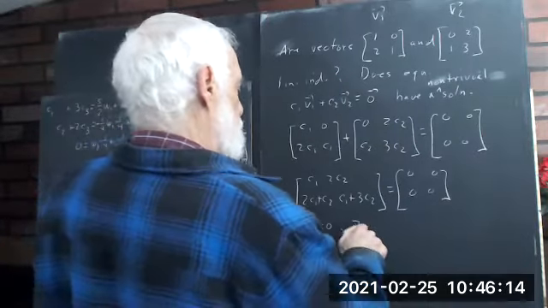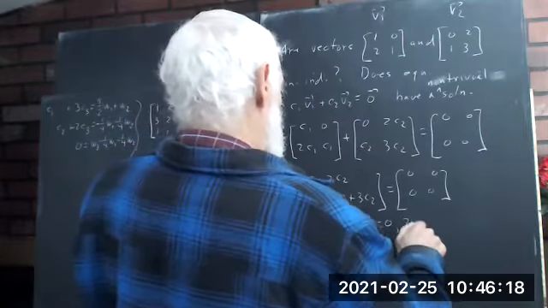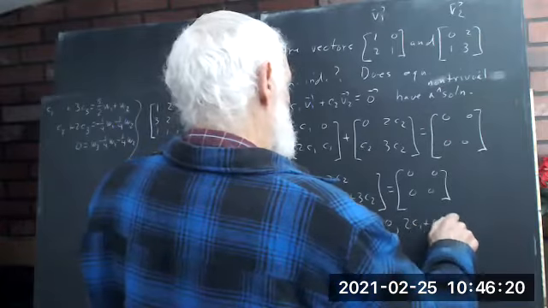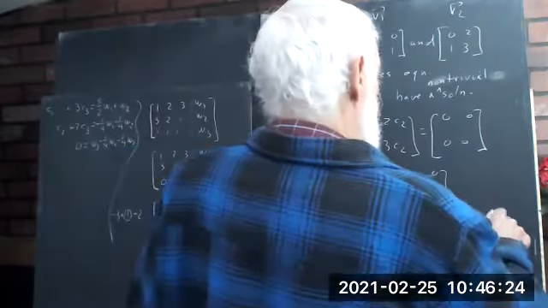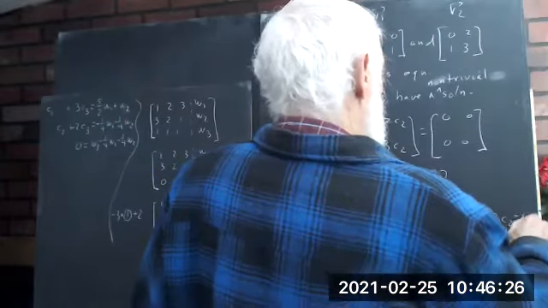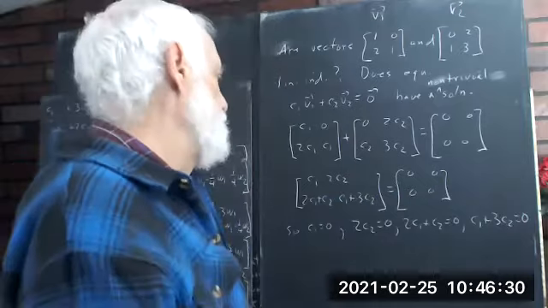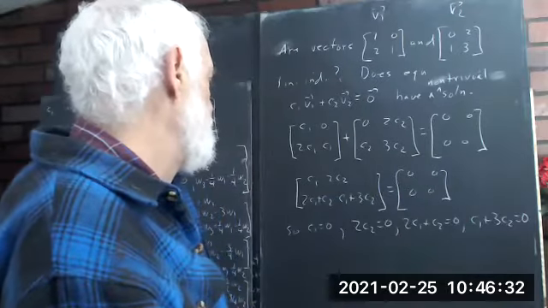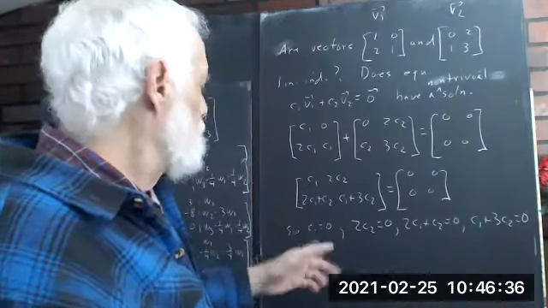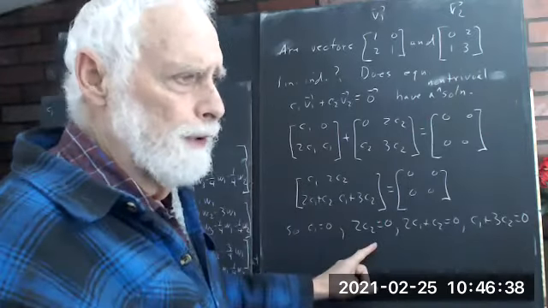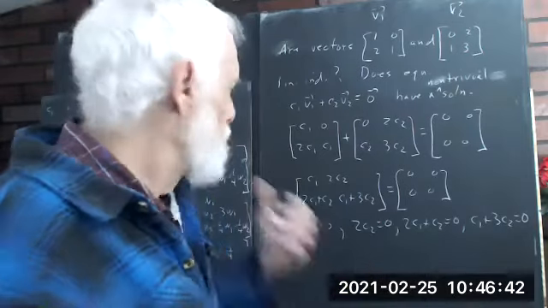Okay. Well, then this means that C1 is 0, 2C2 is 0, 2C1 plus C2 is 0, and C1 plus 3C2 is 0. Well, this tells you immediately that C1 and C2 are both 0, and that's a trivial solution.